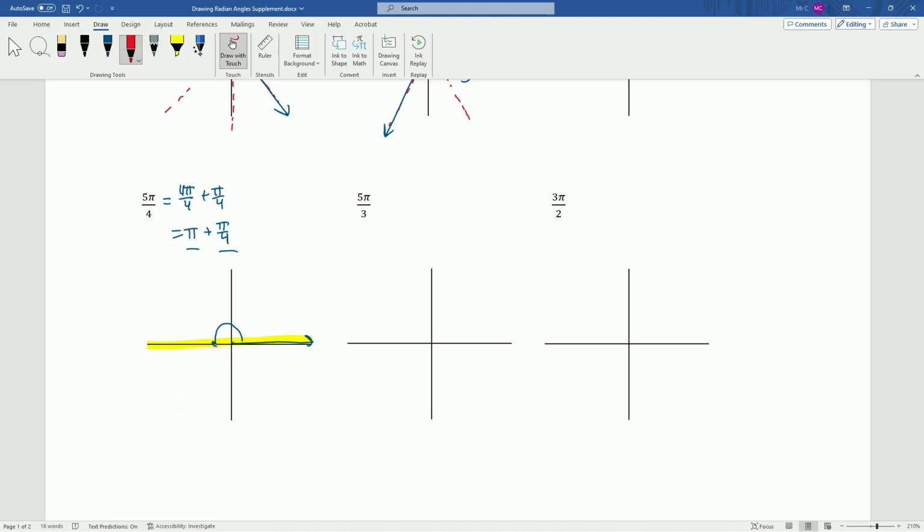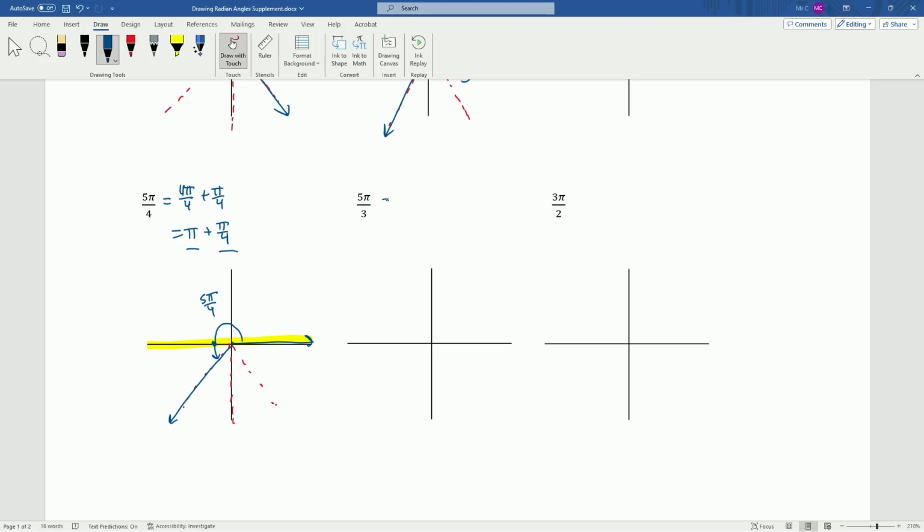So I rotated 1 pi out, and I'm going to divide the next pi into 4 pieces. And then I'm going to rotate one of those 4 pieces of pi. And that's 5π/4.